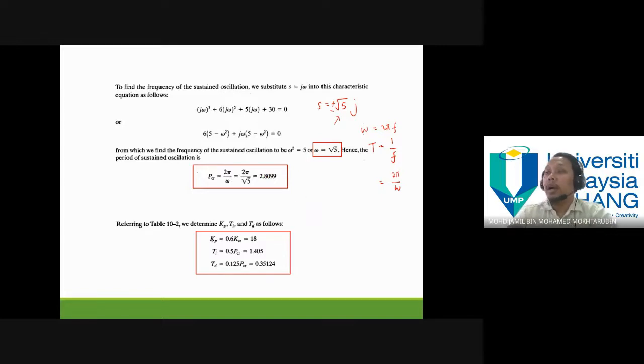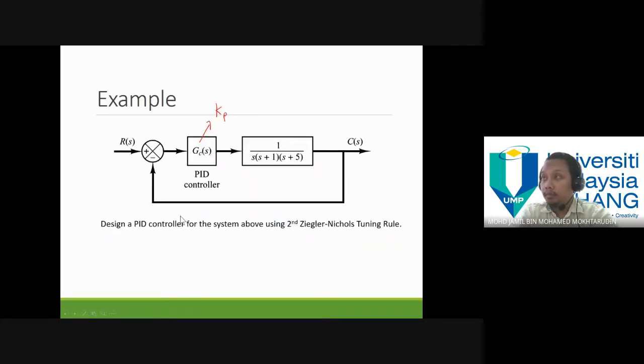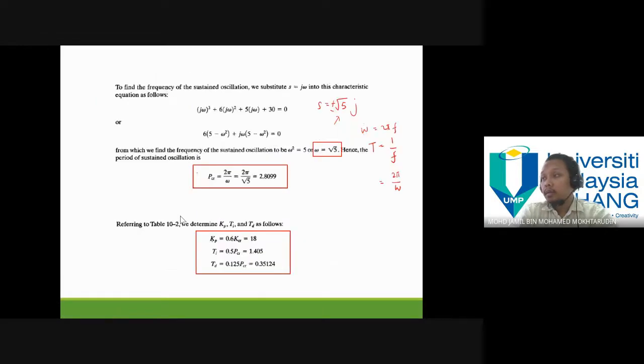And then we have our KCR and PCR. So we can use the table, the third row here, and find Kp, TI, and TD. Here, the example has found them for you already. So Kp equals 18, TI equals 1.405, and TD equals 0.35124.